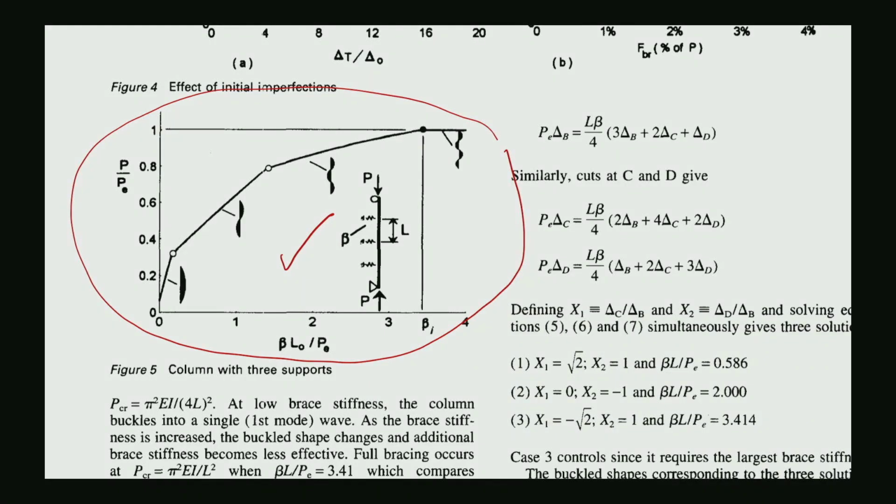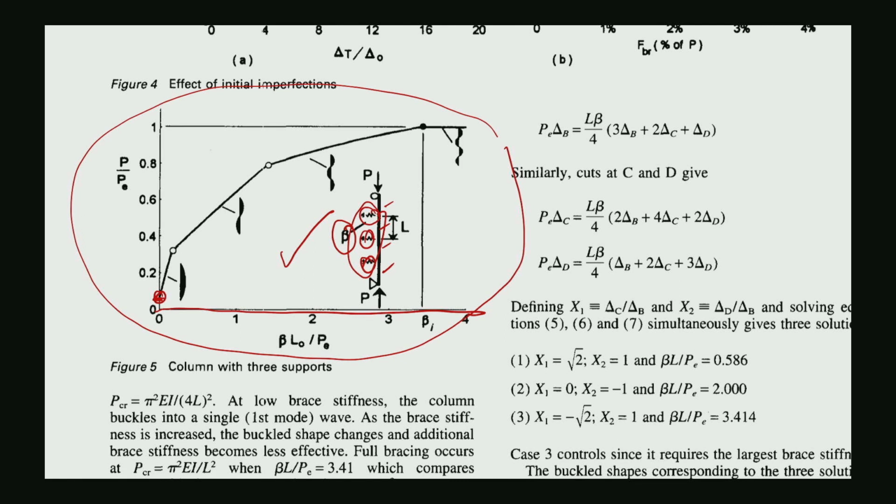It actually can produce this. So this is the column that is supported by 3 bracing points, and this bracing stiffness beta is changing, so it is increasing. When the beta is equal to 0, that means you do not have any stiffness for the brace. You have 1, 2, 3, 4, right? So your buckling load is just here. Here is 1 over 16, right? Pi square EI over L square.